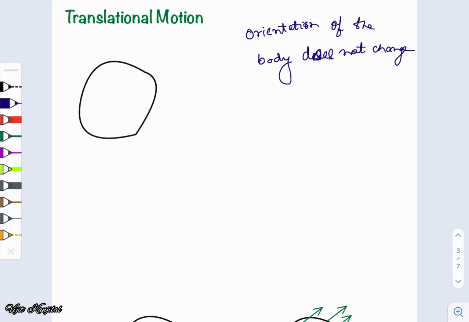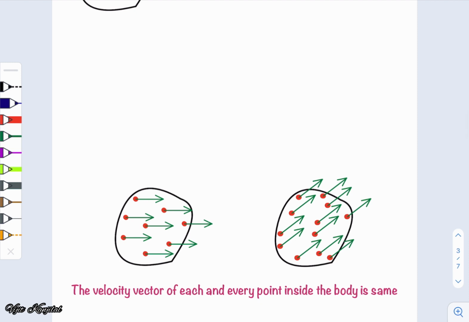So again, let's try to define translational motion in a more scientific and mathematical way. We say a body is having translational motion when the velocity vector of each and every point residing inside the body is the same. Consider this particular figure.